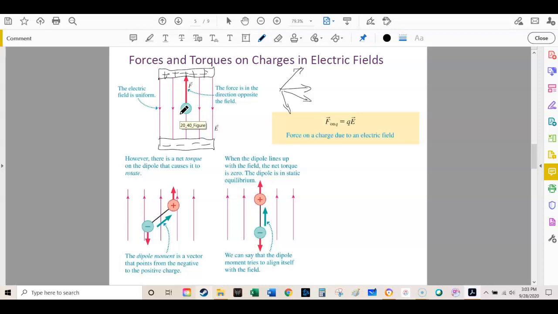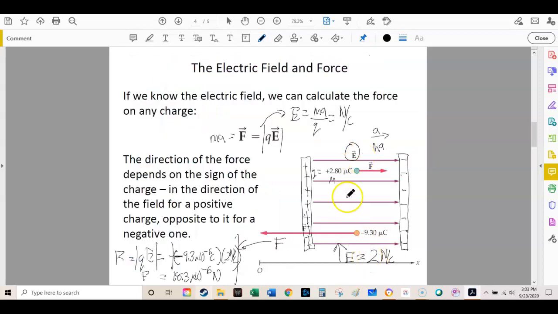Essentially, it would be like this. If you threw a tennis ball into a stream of water, you would expect that tennis ball to be moving downstream. Well, that's the same thing as a positive charge. The weird part is, if you threw a tennis ball in a stream of water and it started moving upstream, that would be really weird, but that's what a negative charge does.